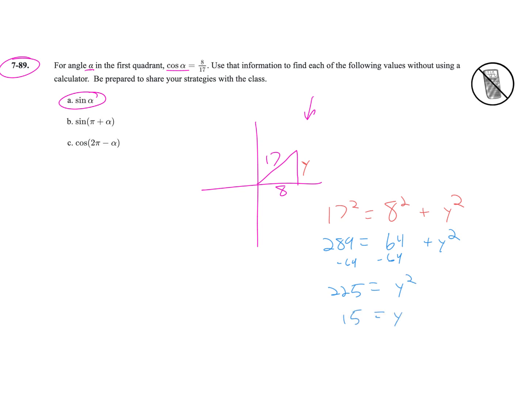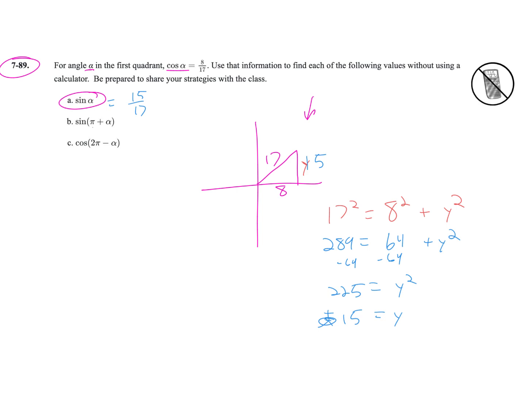Something that I might point out here is that in theory it's plus or minus 15, but because I know it's in the first quadrant, I know that my value can't be negative, so I am just dumping that answer. So it tells me that my sine is going to be 15 over 17. That's what sine of alpha is going to be, okay?